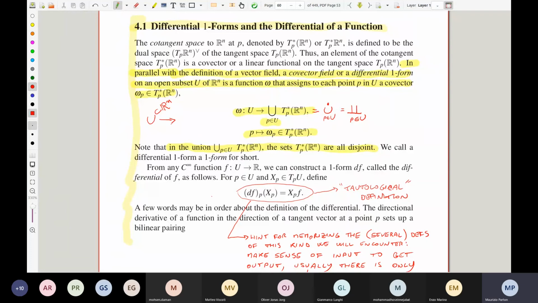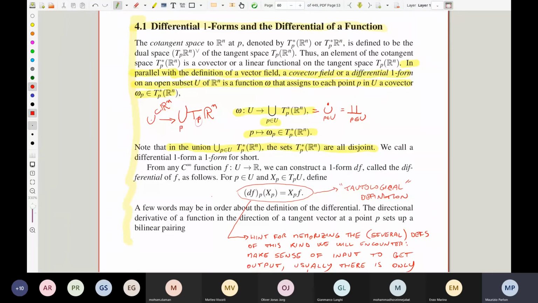And I told you it was a tangent vector to Rn, but since P is in this U, this was a map into several tangent spaces with different P. Maybe I didn't tell you, but this can be formalized by making the union.